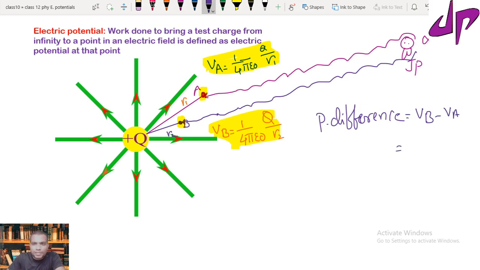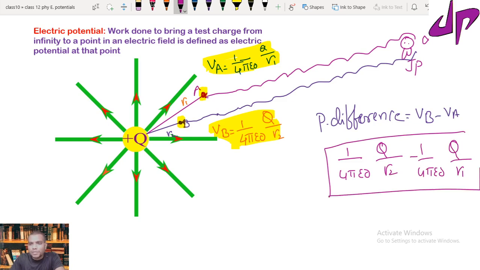If you subtract these two values, VB minus VA, we get the potential difference: 1 over 4 pi epsilon naught Q upon R2 minus 1 over 4 pi epsilon naught Q upon R1. This is the expression for the potential difference between these two locations, related to a source charge.